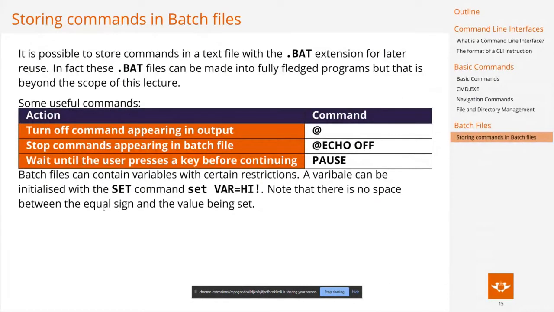We will see that in a moment. Then we also have a command called @echo off. That will stop the commands in the batch file from appearing. We'll have a look at that as well. And then there's a special command called pause, which indicates that you want the user to press a key before continuing on to the next set of commands.